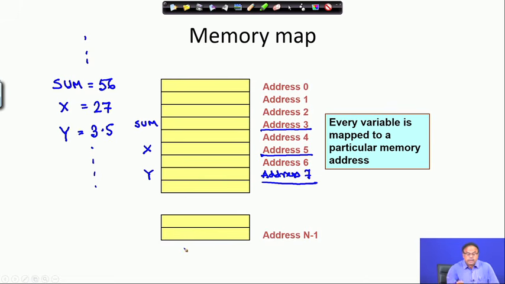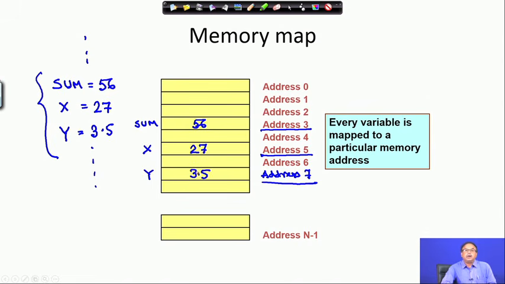All right. Therefore, this thing is converted to a scenario where I am actually writing 56 into address 3. So, as if 56 is being written here, x is being written here, 27 is being written here and 3.5 is being written here.